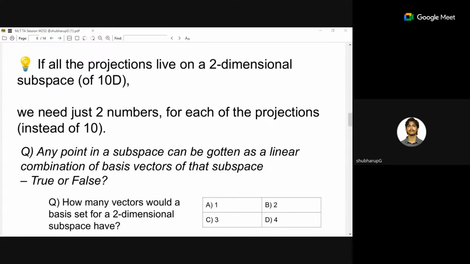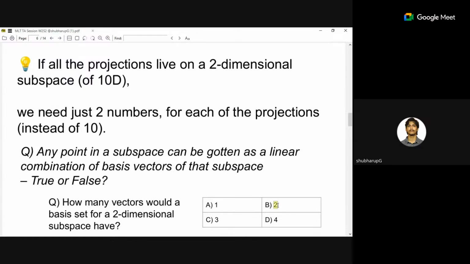If you kept the two coefficients on the two basis vectors, you could recover the projection in 10 dimensions. But the essential idea in kernel PCA is that you don't do that. You just keep the two numbers and use that as the representation.